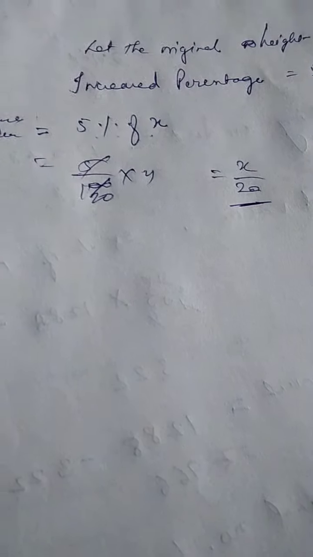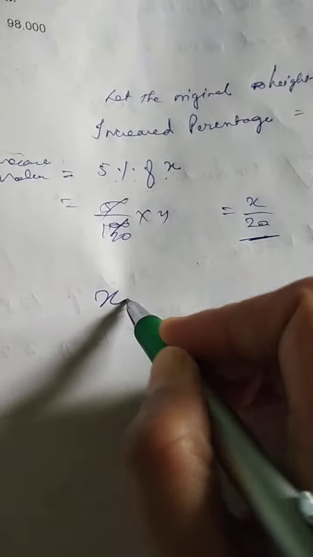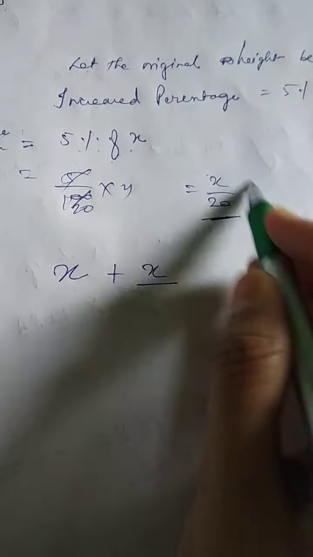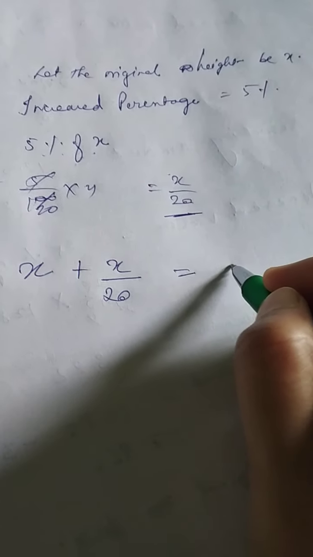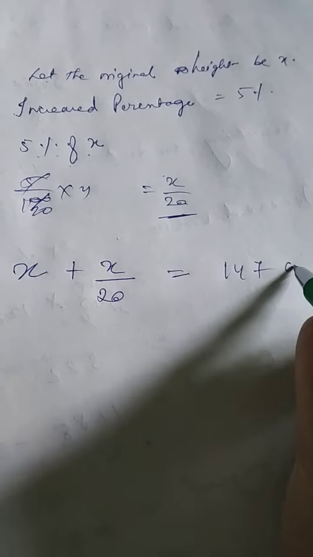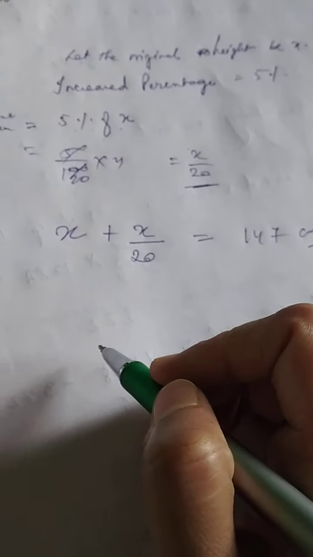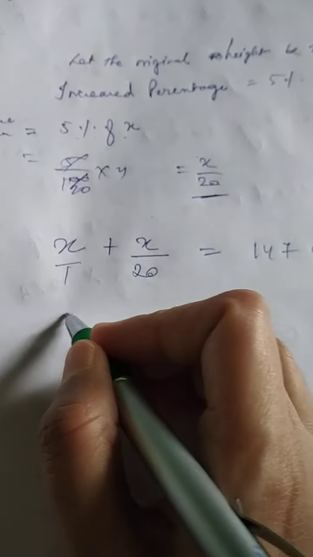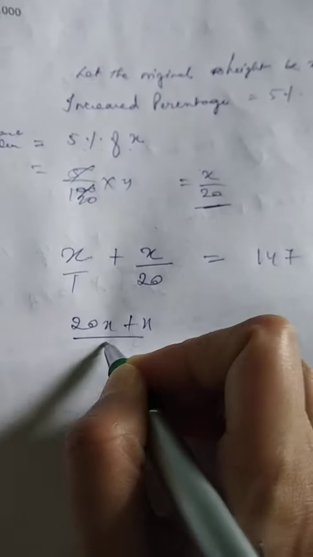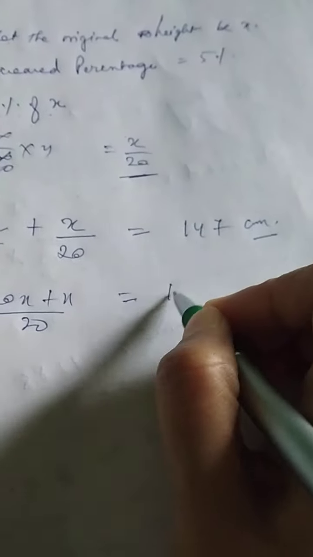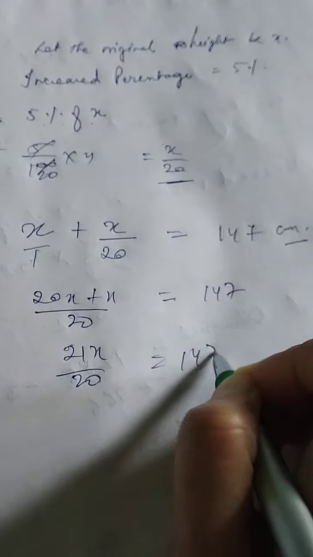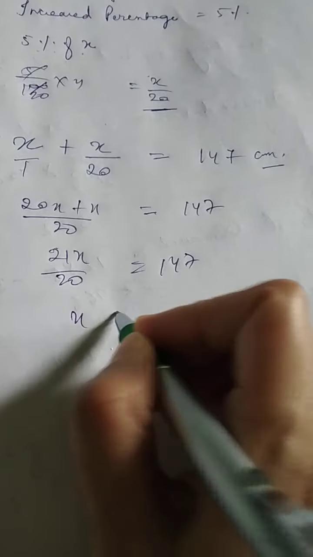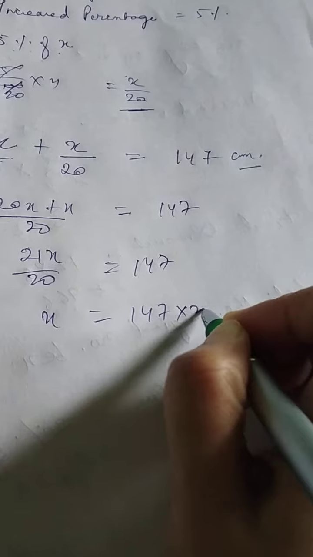Okay. So after increase, original was this. After increasing this much, x by 20 centimeter, his new height is 147 centimeter. Okay. So you have to find the original. So 20x plus x by 20, you will take the LCM, 147. So 21x by 20 is equal to 147. So x is equal to what? 147 into 20 by 21.